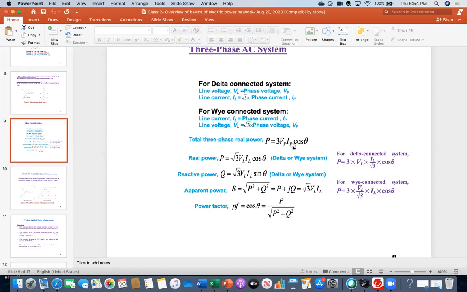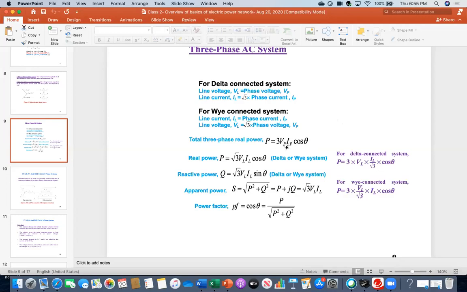For example, Vp Ip cos theta for phase A plus Vp Ip cos theta for phase B plus Vp Ip cos theta for phase C. Because there is a chance of unequal values, you cannot directly multiply by 3. Do you understand what I am telling? So this equation is for total three-phase real power for a balanced system. For an unbalanced system, you have to do it phase by phase, one phase at a time. You cannot multiply by 3.